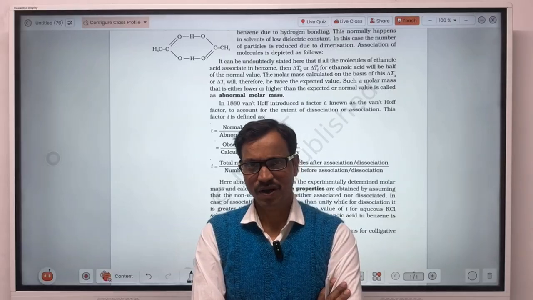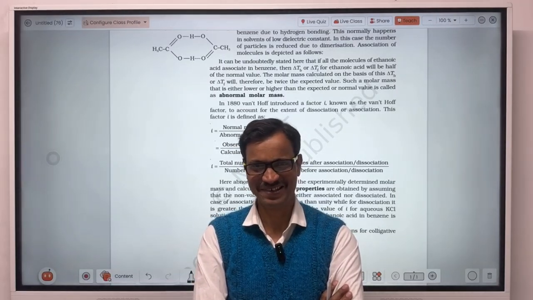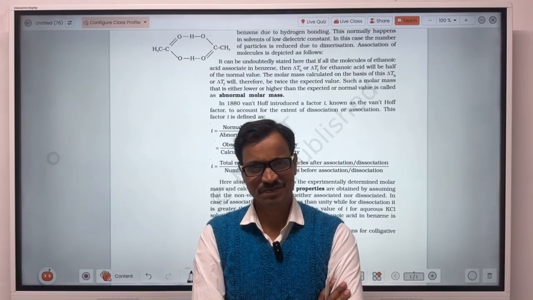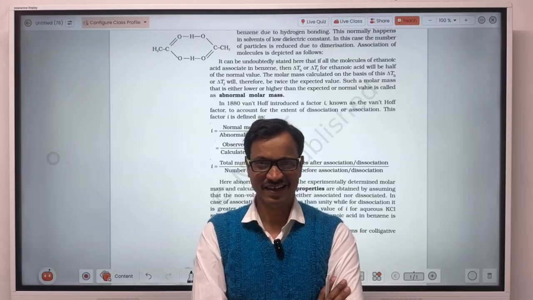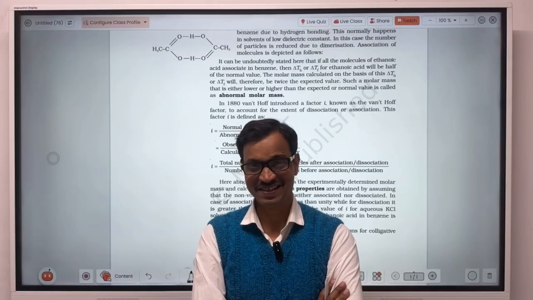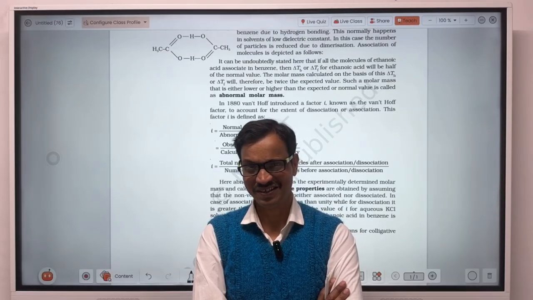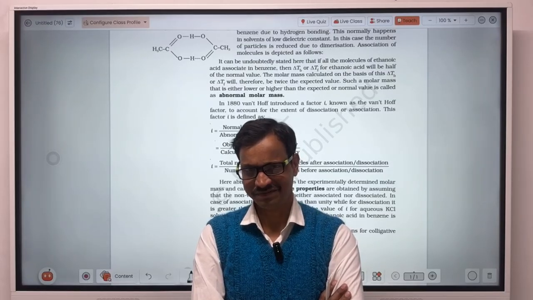One term was also aprotic solvent. Very simple it is. As the name indicates, a and protic. Protic means proton, like when you say protic acid, that means the acid which gives a proton. Proton means H plus ion. H plus is considered a proton because hydrogen contains only one proton and one electron.